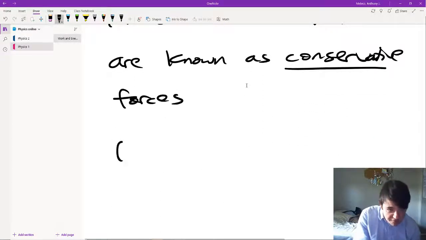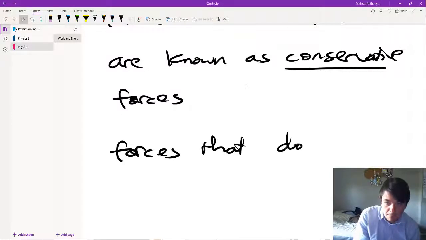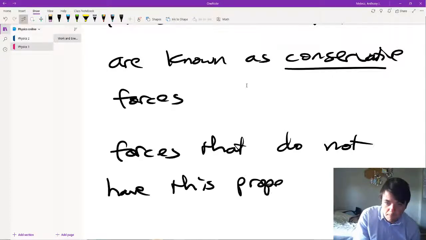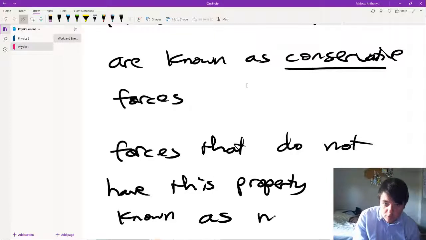Forces that do not have this property are known as non-conservative.